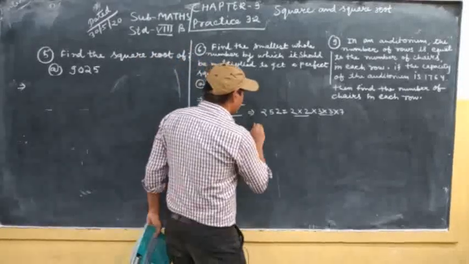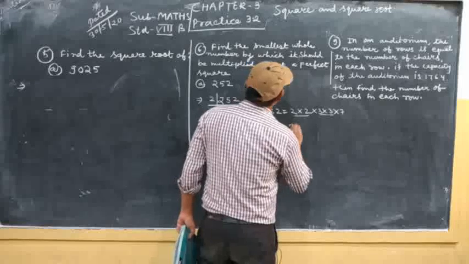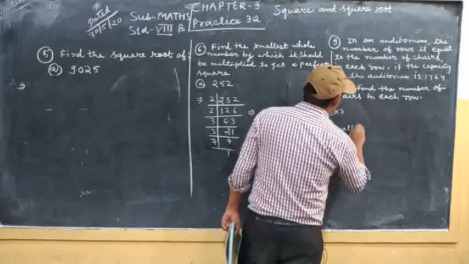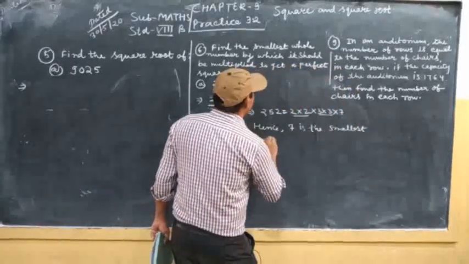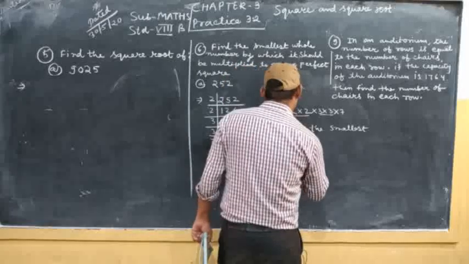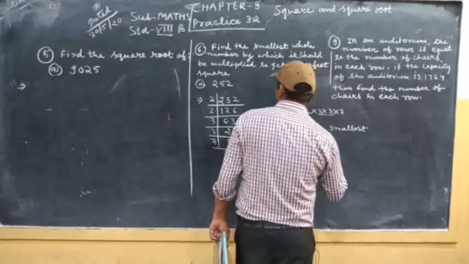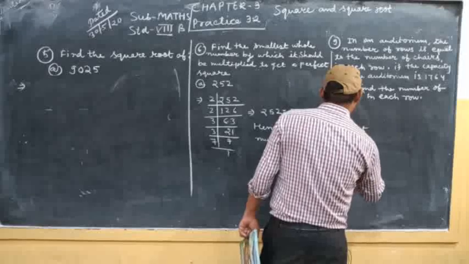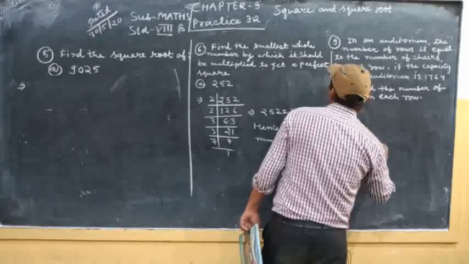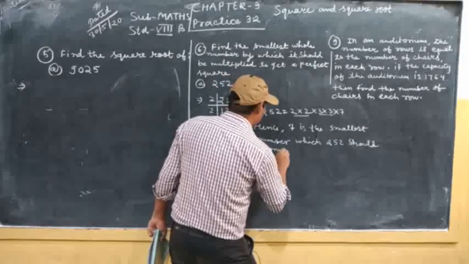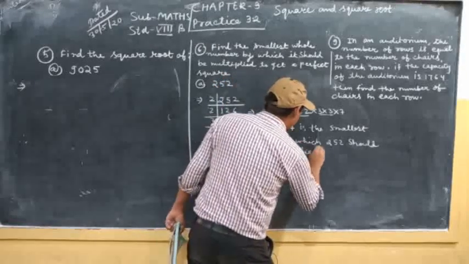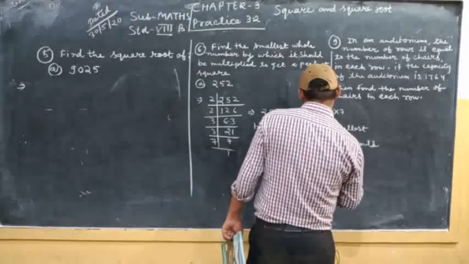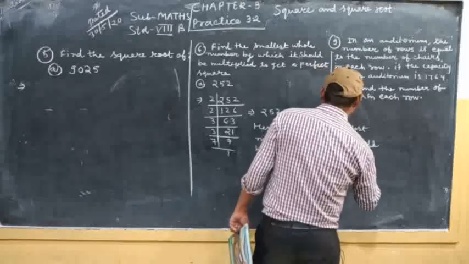Hence 7 is the smallest number by which 252 should be multiplied to get a perfect square.